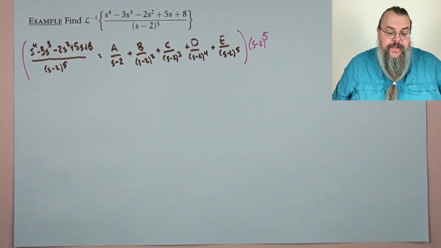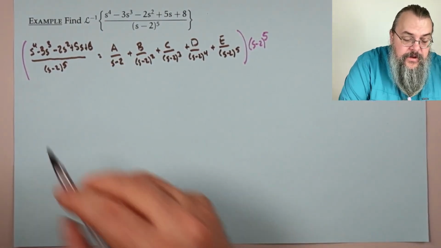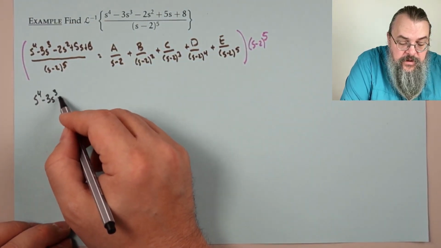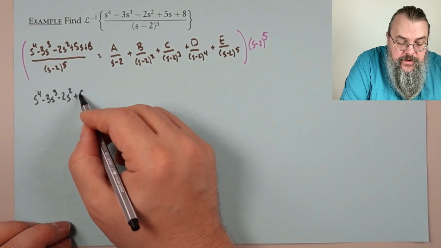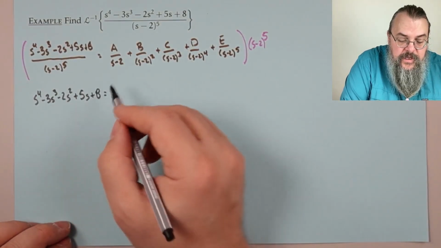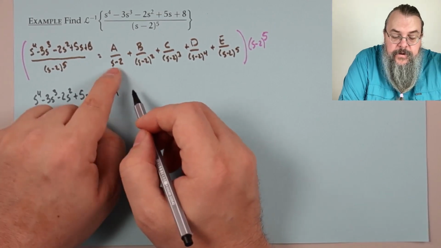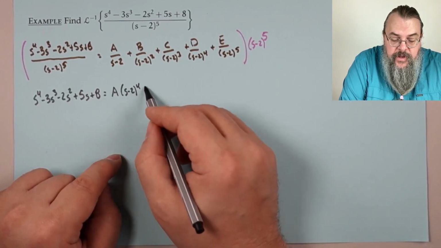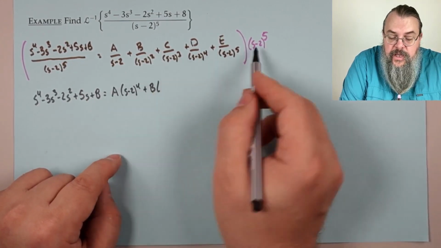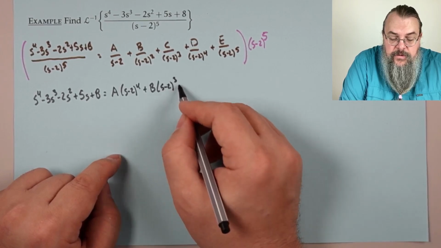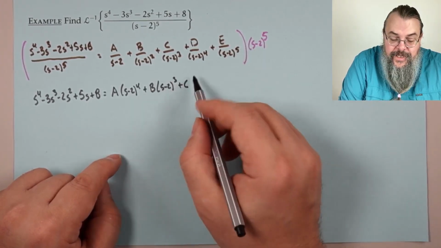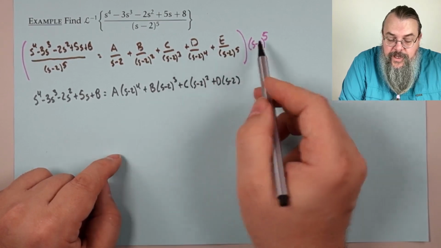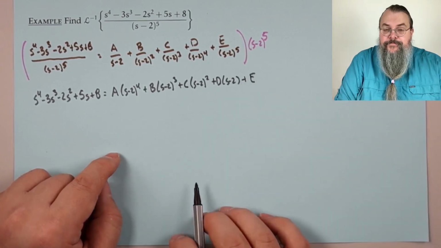Once you do that, you're going to get s to the fourth minus 3s cubed minus 2s squared plus 5s plus 8 equals a times, here 1 cancels, so s minus 2 to the fourth, plus b times, here 2 cancels, s minus 2 cubed, plus c times, here 3 cancels, s minus 2 squared, plus d times, 4 cancels, and then all of them cancel.